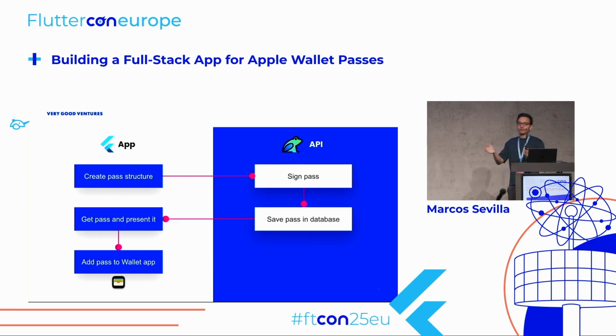You could also just return the signed pass and that's it. But I wanted to make it cooler and say I have a database. So you save it on the database, and also you give it back. You give all the encoded pass, and then you get it on the application. You present it, and then if you want to add the functionality to add it to the wallet, you can just call the Apple PassKit package, and that's pretty much it.